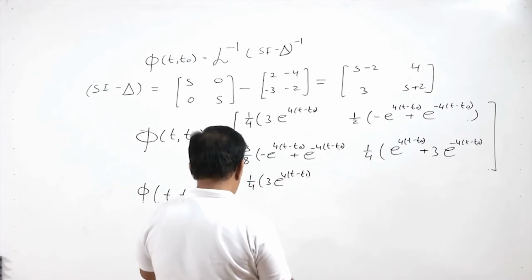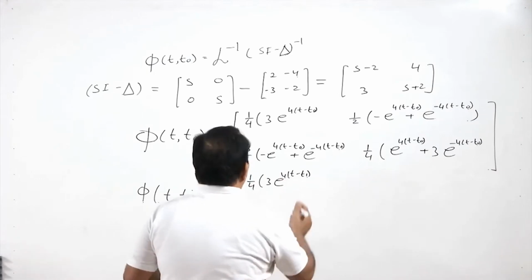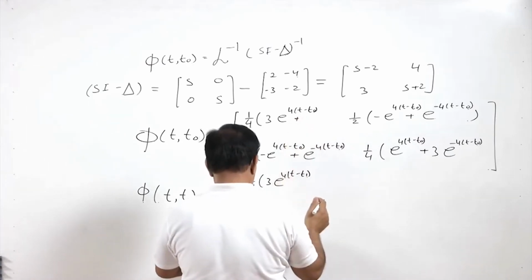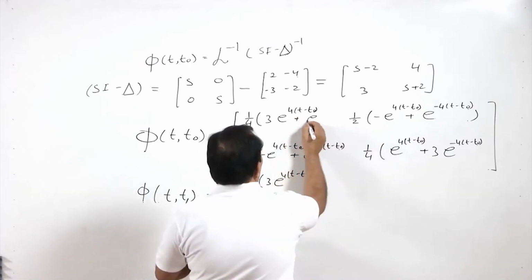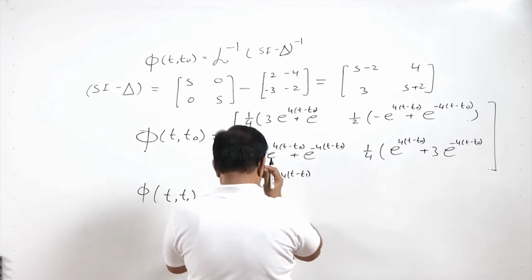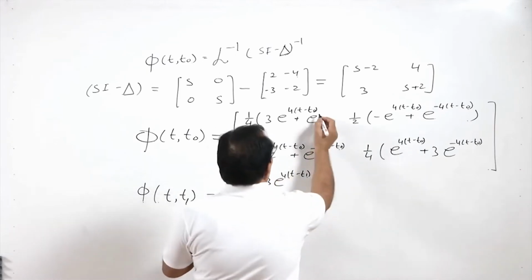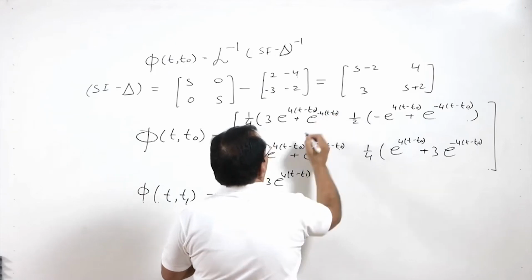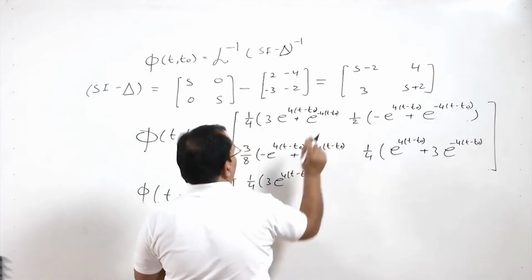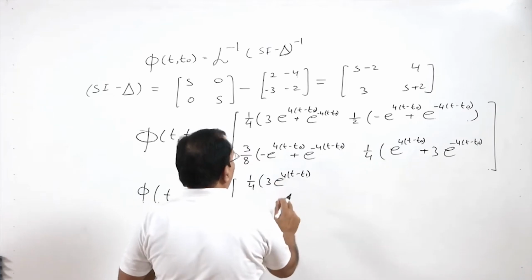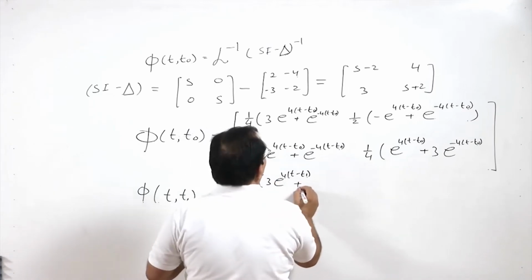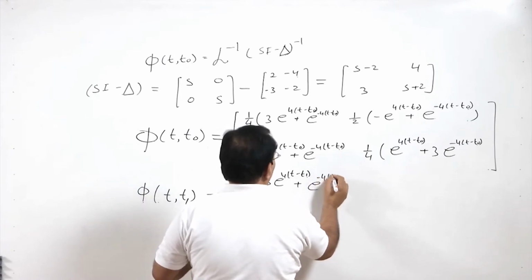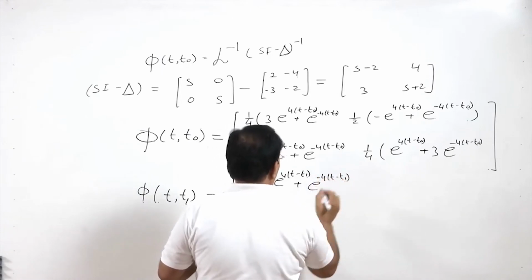I have missed one thing. This is plus e to the power minus 4 t minus t naught. So, this I have missed. So, I have added this term here, 3 e to the power 4 t minus T1 plus e to the power minus 4 t minus T1.